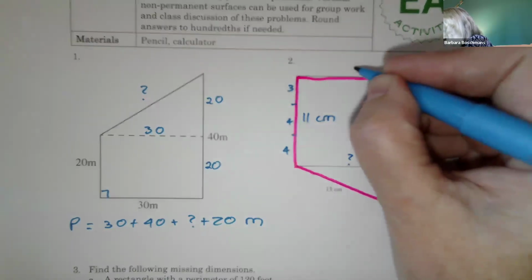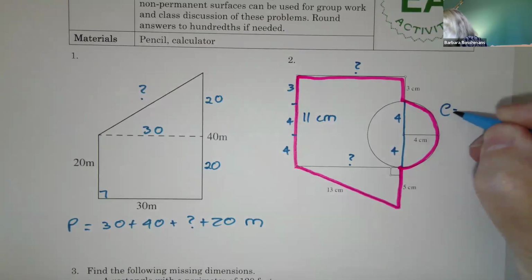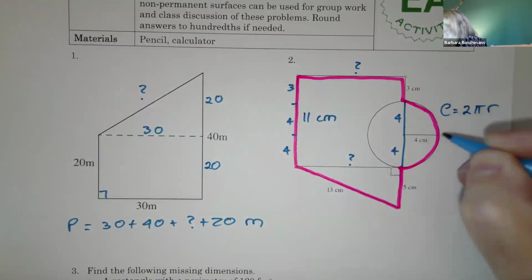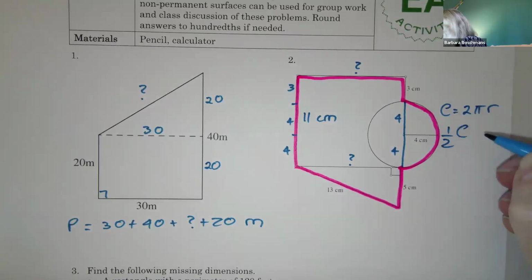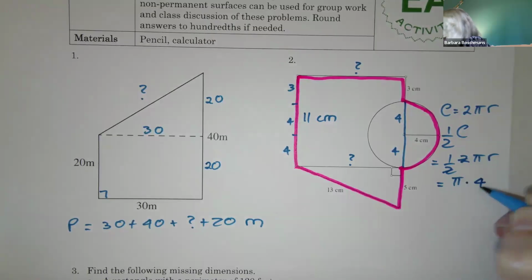Whatever this side is, this side up here. If I want half the circumference, circumference was 2 pi r, half of 2 pi r, half of 2 is just 1, is going to be pi times 4.